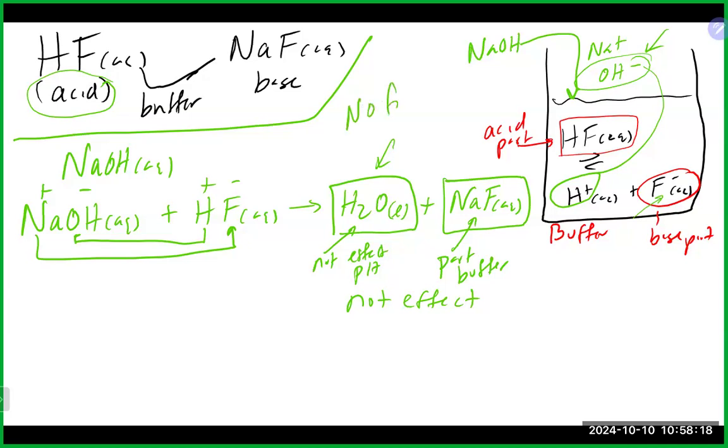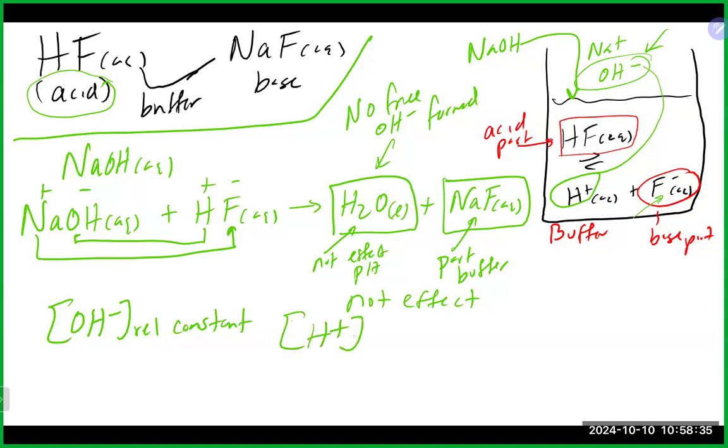So no free OH minus formed. The result of that is the concentration of OH minus stays relatively constant. That means that in relationship to that, the H plus concentration also has to stay relatively constant. And the result of that is, again, our pH will stay relatively constant as well.